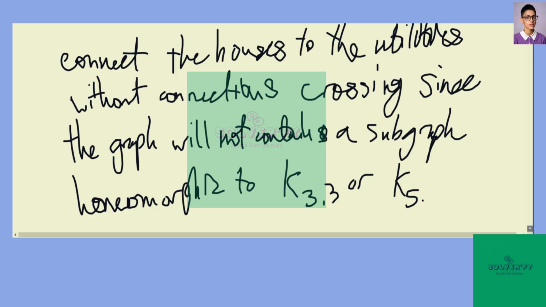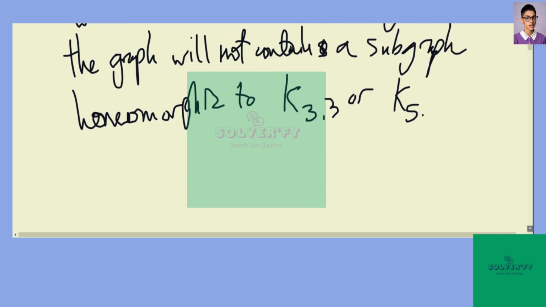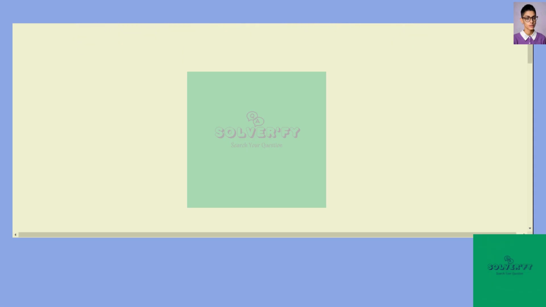And the reason that it will not contain a subgraph homeomorphic to K3,3 is because the 2 utilities is less than 3 required for the subgraph K3,3, and it won't contain a subgraph homeomorphic to K5 because our graph is bipartite with one set that contains less than 5 elements.